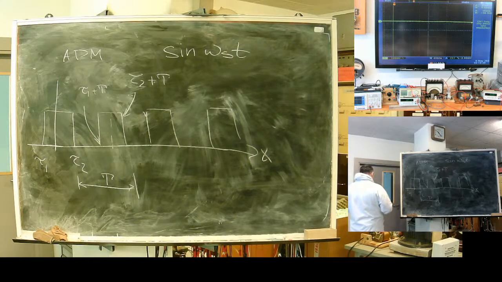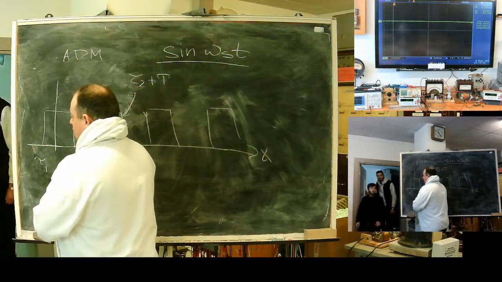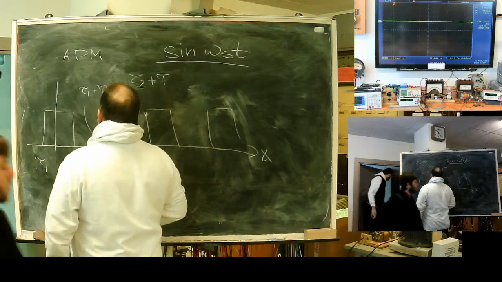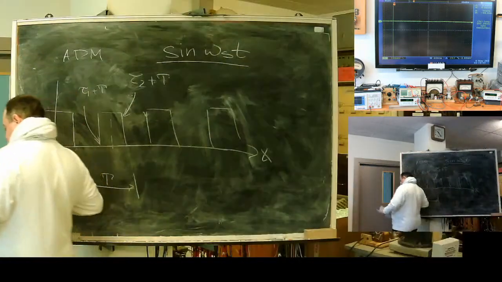So we have a pulse sequence, and we want to use this pulse sequence to transfer our harmonic signal. Why harmonic? Sorry, harmonic for simplicity.